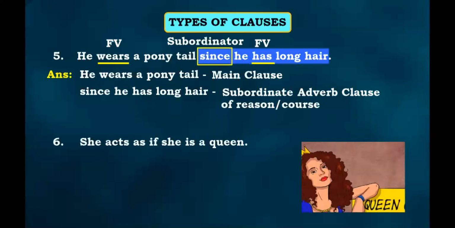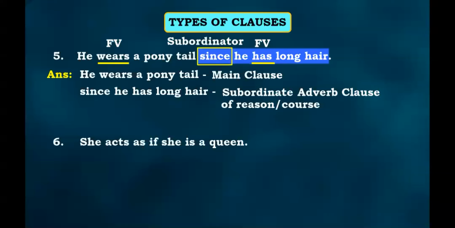Next one. She acts as if she is a queen. Step 1. Identify the two finite verbs. Very good. You guys are definitely getting a hang of this thing. Very good. Acts and is. Come on.